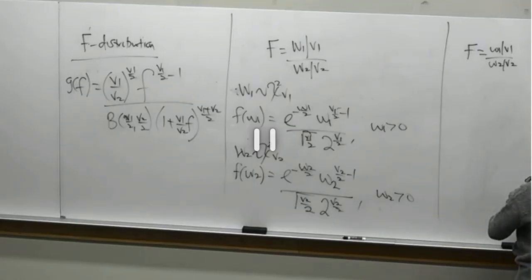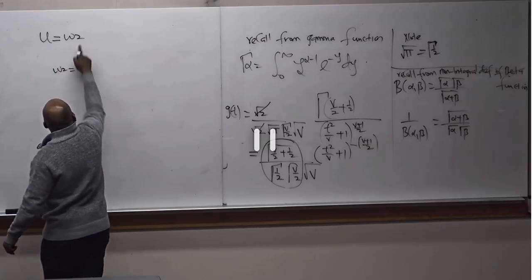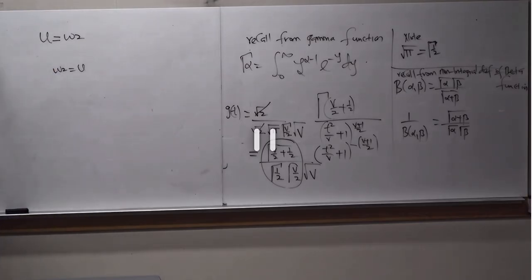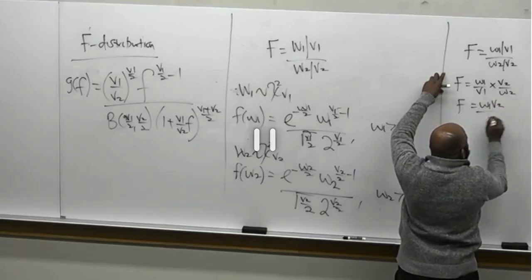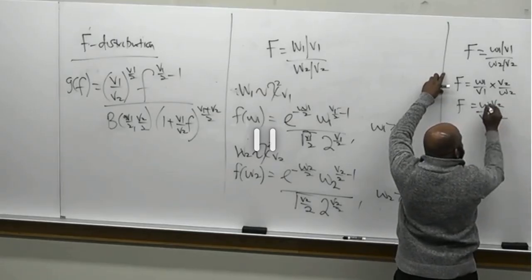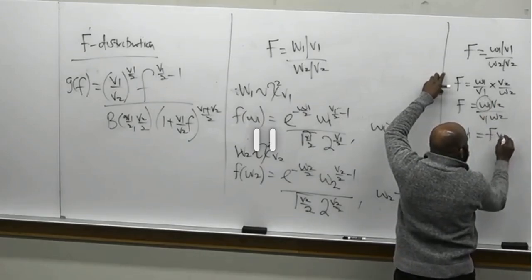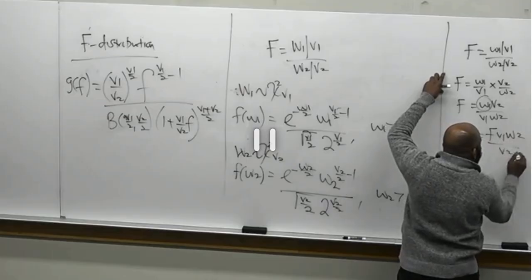Here, there's going to be W2 equal to U, right? Here, I need to solve for W1. Okay? And if I want to rewrite this, mathematically, it is this, right? So W1 equals f V1 W2 over V2.